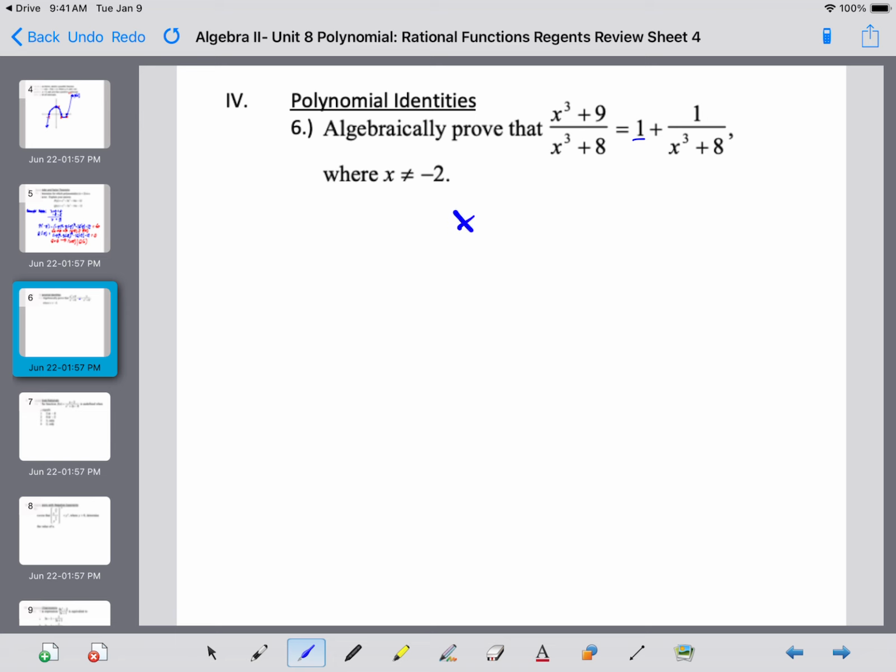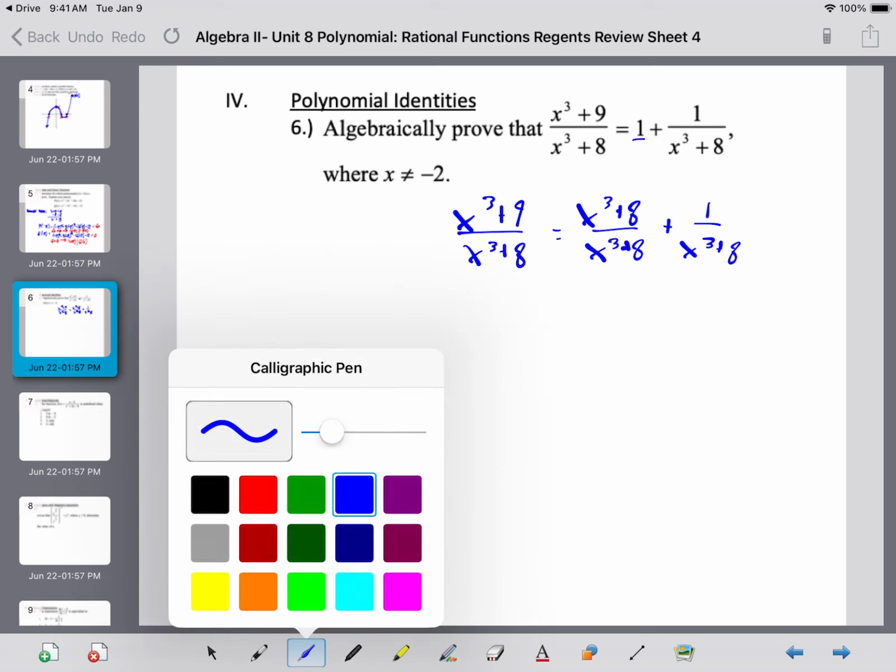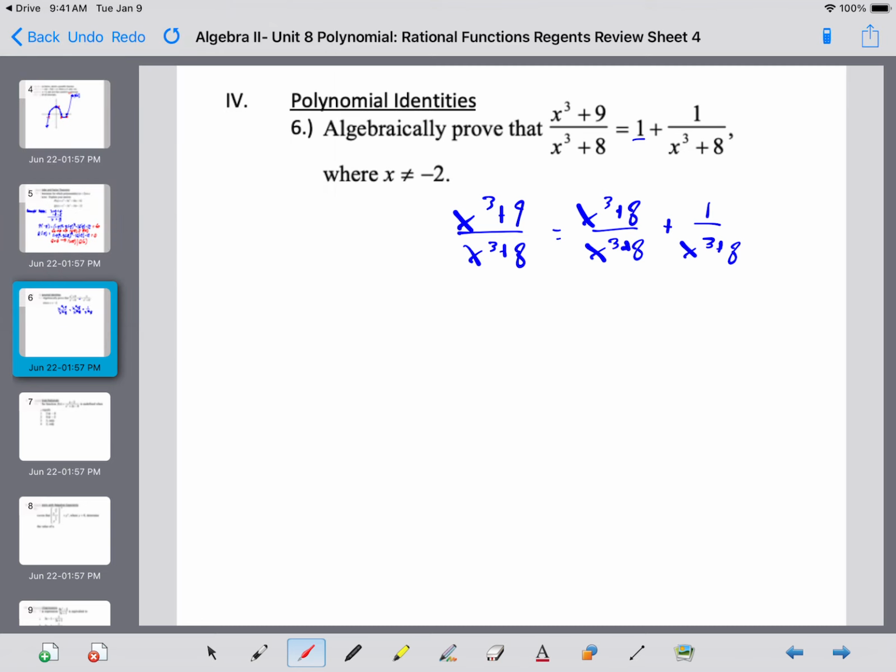So, x to the third plus 9 over x to the third plus 8 equals x to the third plus 8 over x to the third plus 8 plus 1 over x to the third plus 8. You could combine your numerators now because you have a common denominator. And look at that, they're the same. We just proved it algebraically.